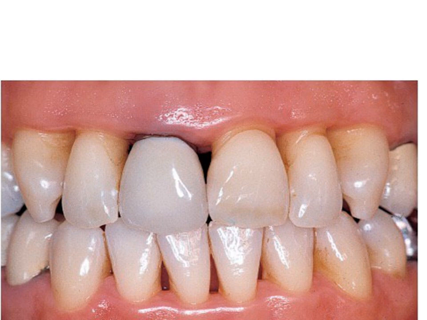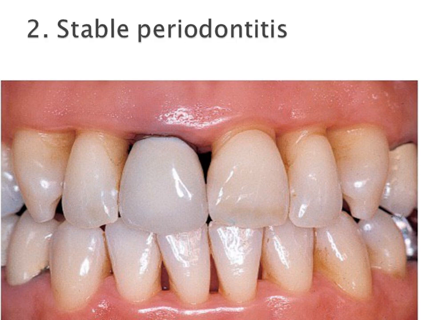Finally, we will start a discussion of clinical gingival health on stable periodontitis. First, we must know the meaning of stable periodontitis. Stable periodontitis means a successfully treated periodontitis patient.